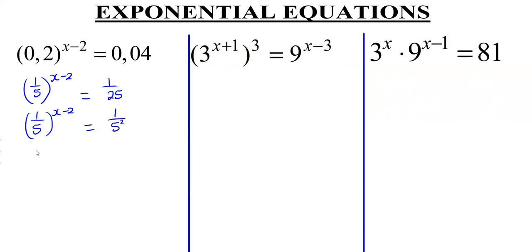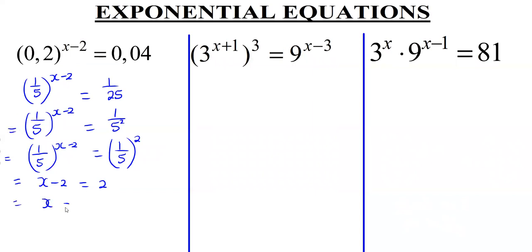In this case, you know that x minus 2 should be equal to 2. Then we have x equal to 2 plus 2, which is giving us 4.